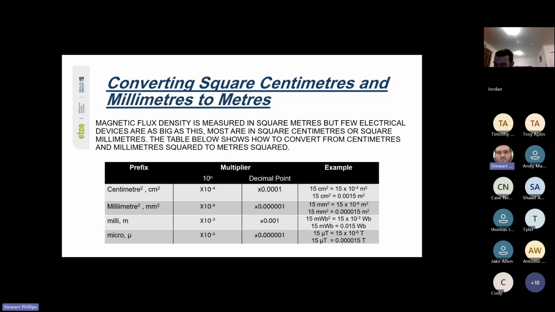So why do you guys think when we do centimeters squared, we times 10 to the minus 4?